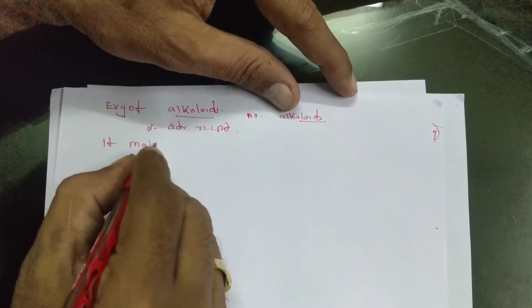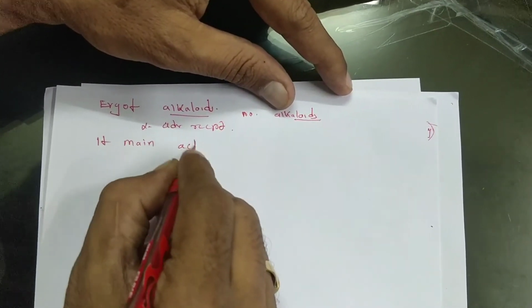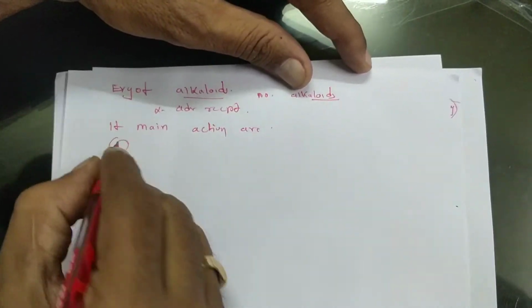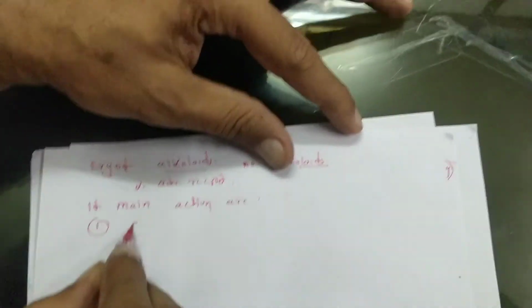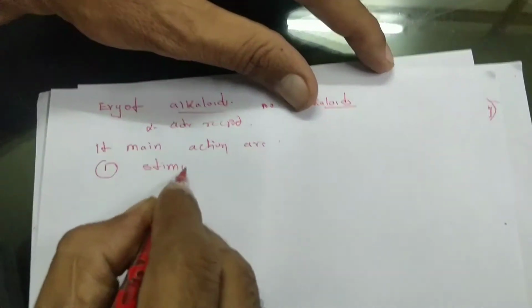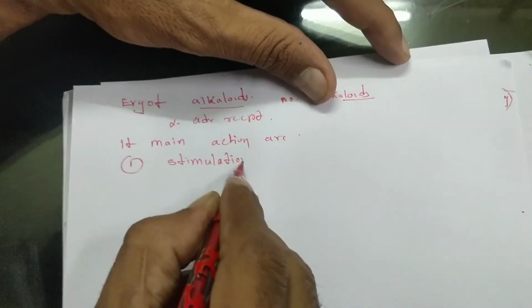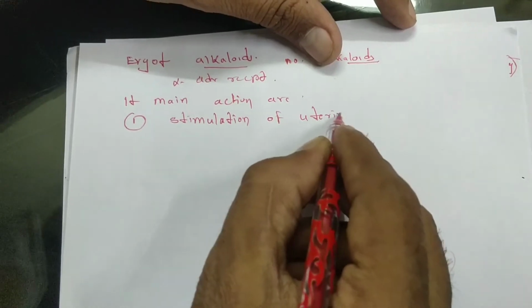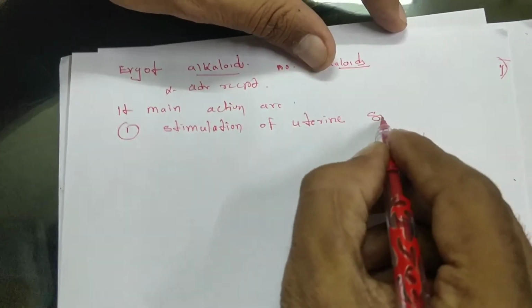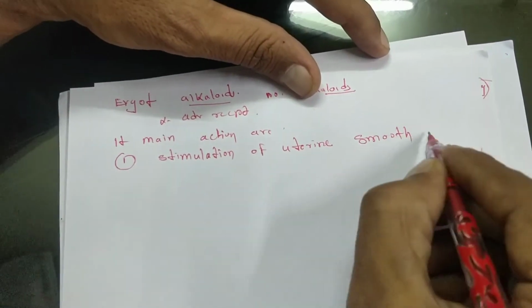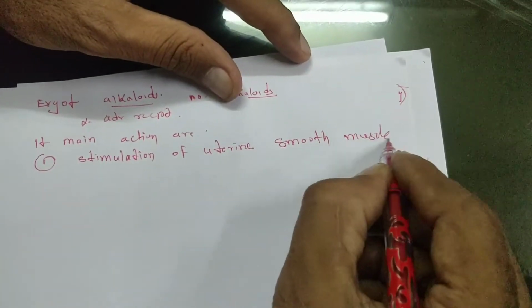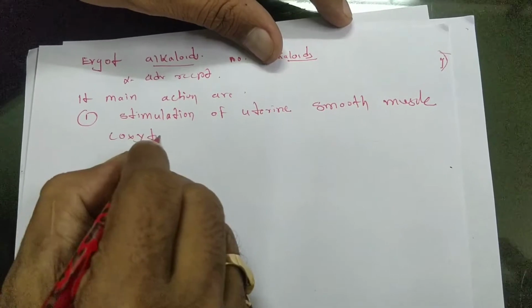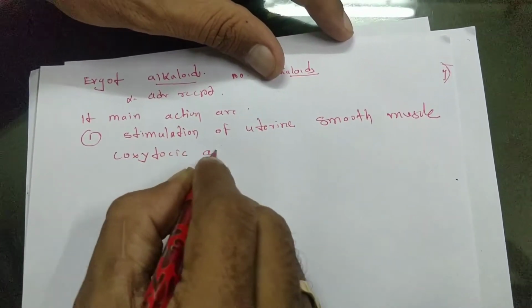Its main actions are stimulation of uterine smooth muscle, that is called oxytocic activity.